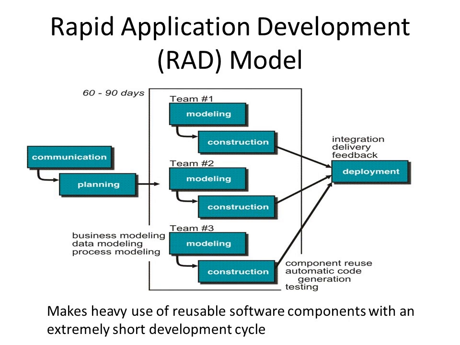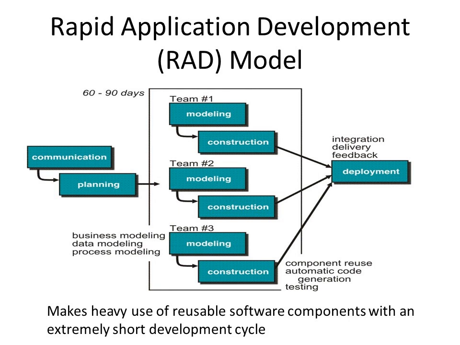In the RAD model, the components or functions are developed in parallel as if they were mini projects. The developments are time bound, delivered, and then assembled into a working prototype. We had studied the waterfall model.